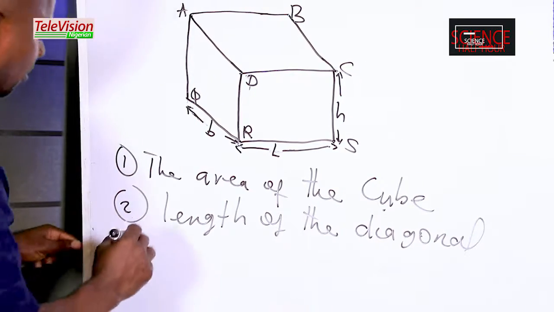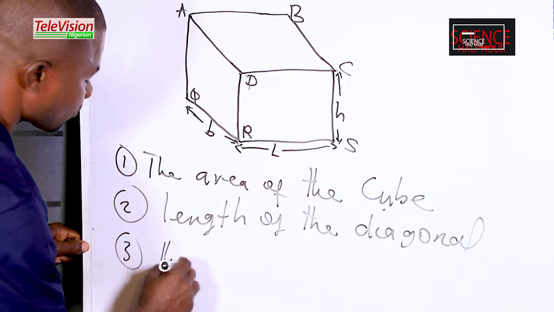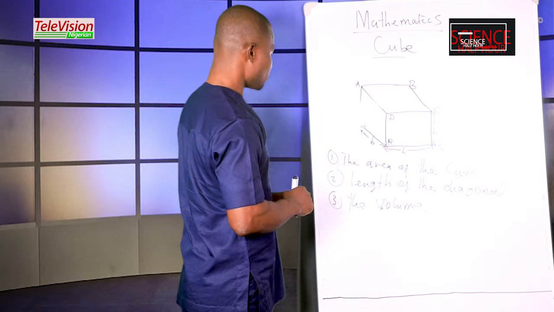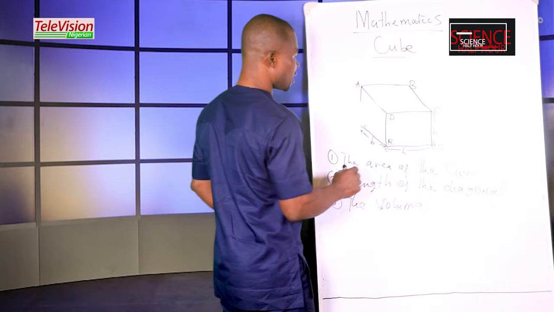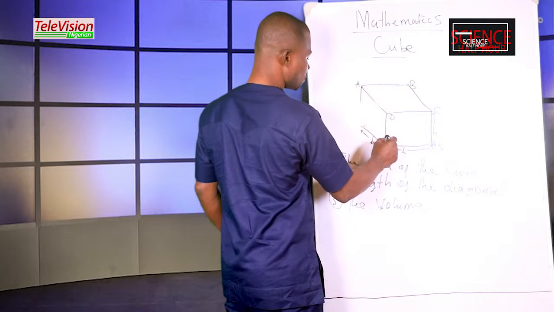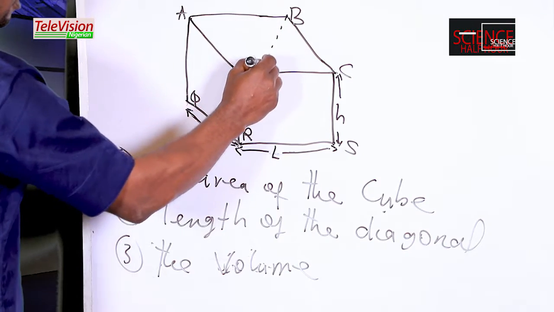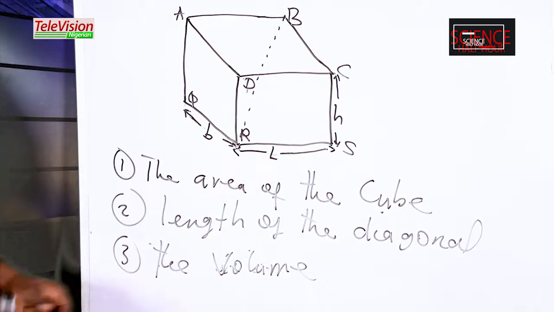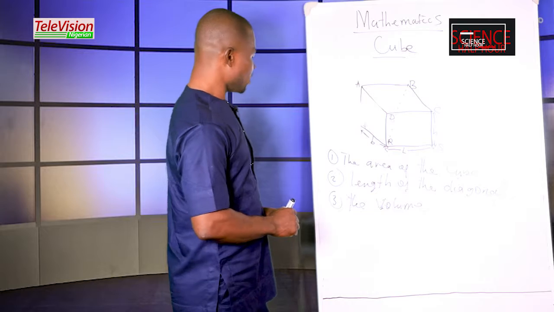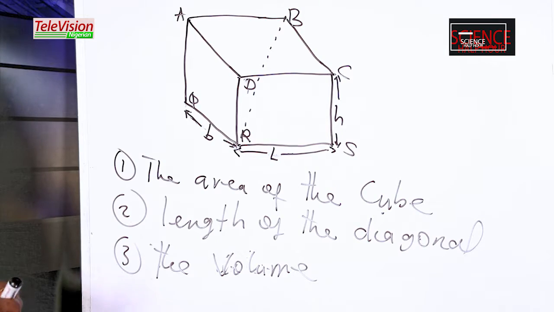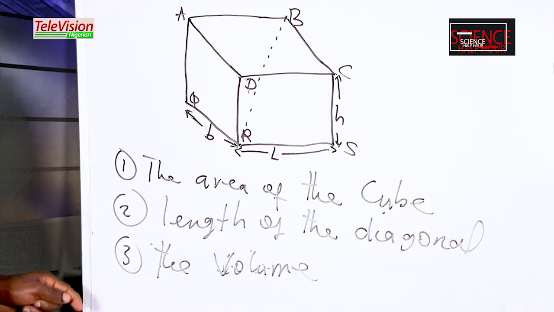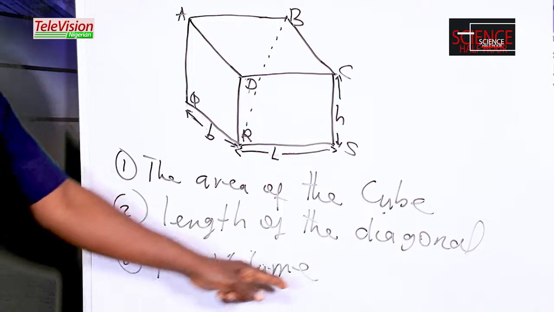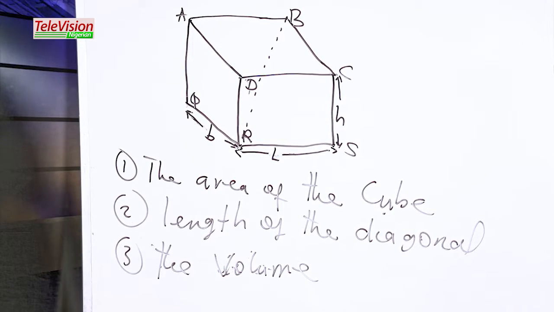Number 3 is the volume. The length of the diagonal starts from B to this point. Ranging from B to R is the length of the diagonal. We are going to derive the formula for the area of the cube, the length of the diagonal, and the volume of the cube.